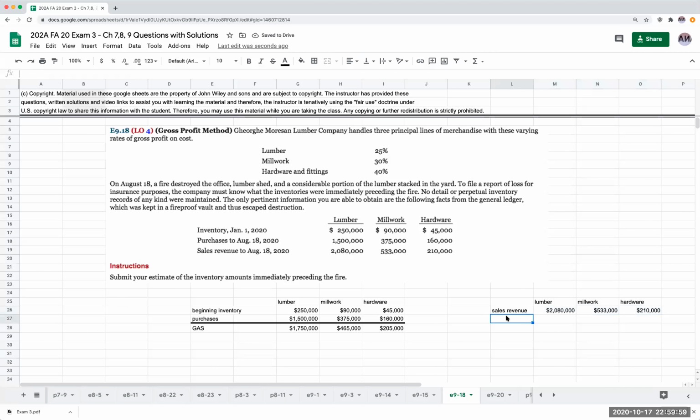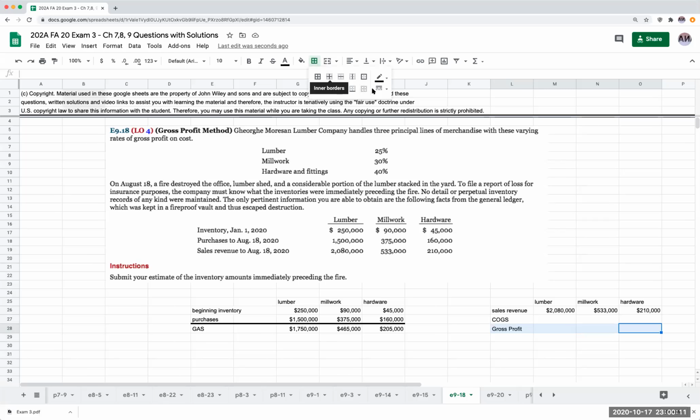Now what I need to figure out is sales revenue minus my cost of goods sold gives me my gross profit. And it tells us here that the gross profit on cost is going to be, for lumber, 25%, millwork, 30%, and hardware, 40%.